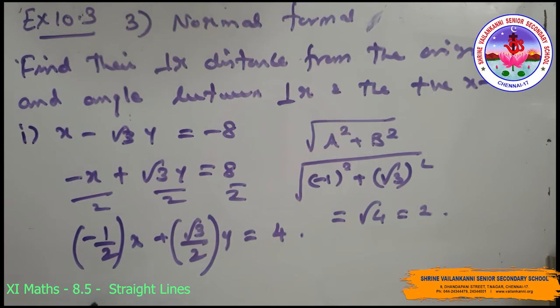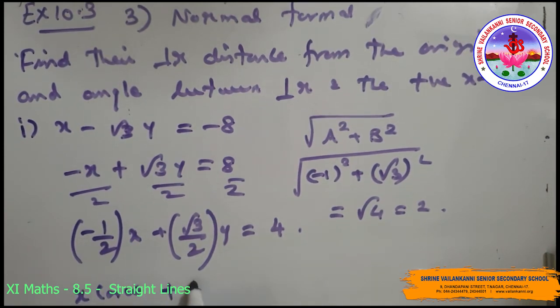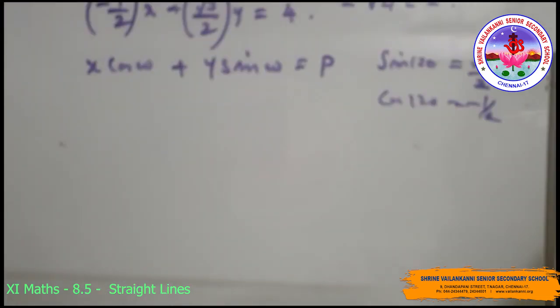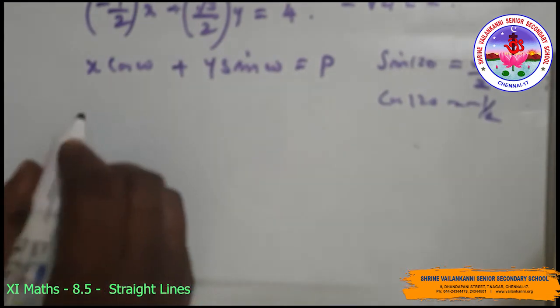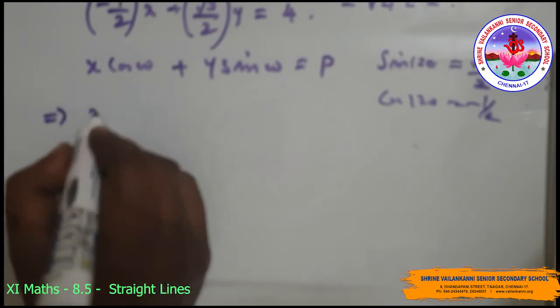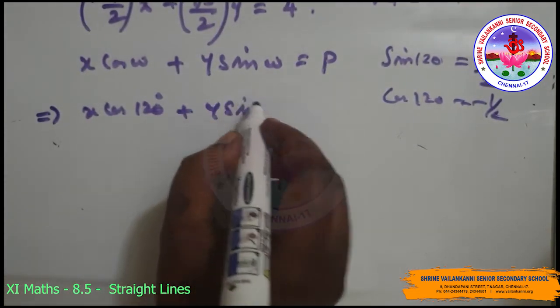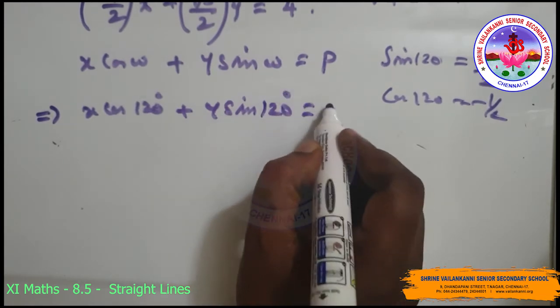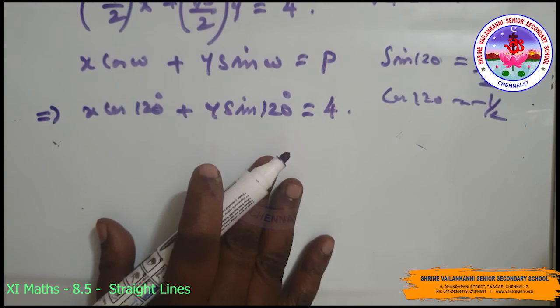So this is in the form of x cos omega + y sin omega = p. Sin 120 is root 3/2 and cos 120 is -1/2. So x cos 120 + y sin 120 = 4. So this equation is in the normal form.